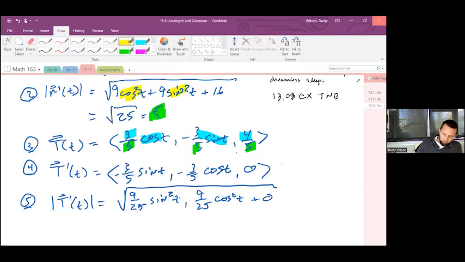Notice again, you have a common factor of 9/25, leaving behind a sine squared plus cosine squared. So all of this together is the square root of 9/25, which would be 3/5.